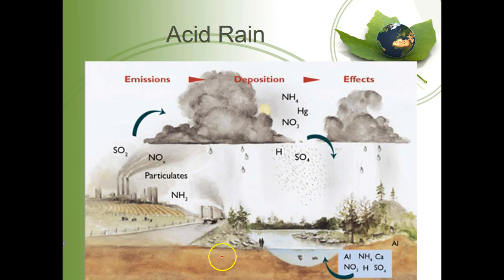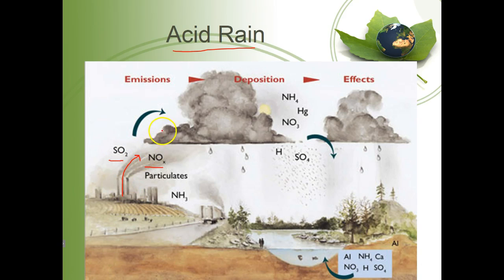So here's a quick diagram that's going to show the acid rain formation and also the effects. We have a factory. Maybe this is an electrical power plant. We're burning fossil fuels to produce electricity, and as we combust those fossil fuels, we release NOx and SOx, as I like to say, or nitrogen oxide compounds and sulfur oxide compounds.